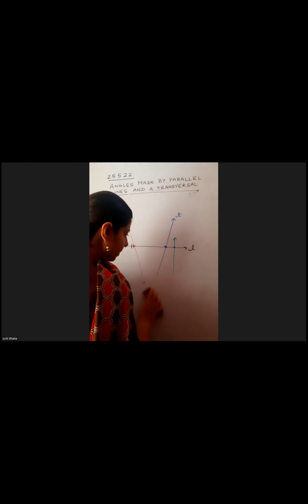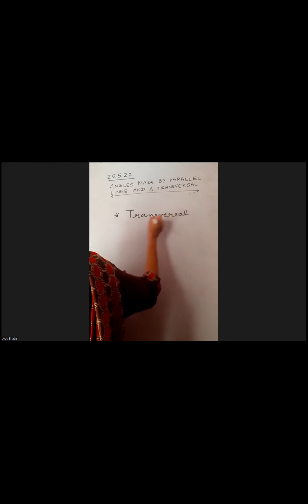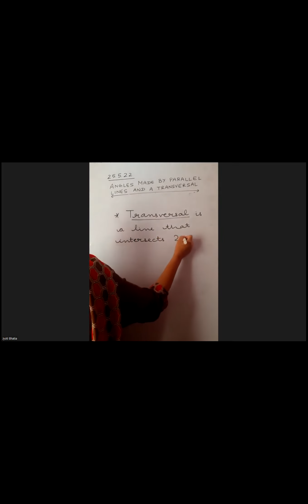Okay, beta? Are you with me here? Yes. Let us write down the definition before we move on to the given topic, that is the angles made by parallel lines and a transversal. First of all, let us write down the definition of a transversal. Please note it down. A transversal is a line that intersects two or more parallel lines at distinct points.